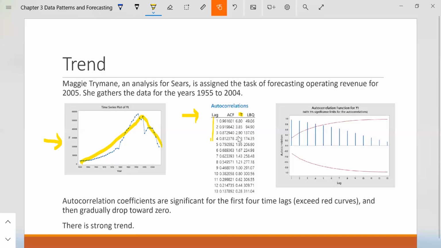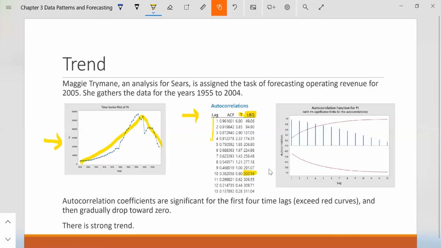If you look at LBQ, recall that we tested the first 10 lags in the previous example, and the value was around 7. Now for this series, if you look at the first 10, the value is 300. Very big. So apparently there is autocorrelation. But that's not enough for us to say there's a trend.